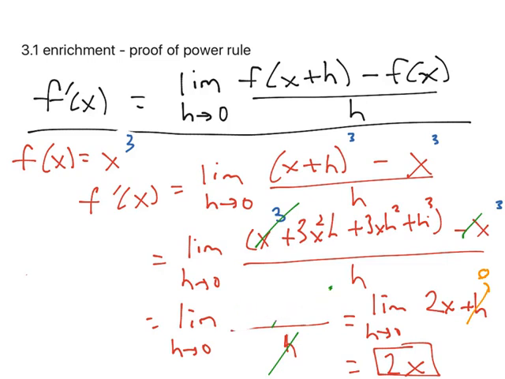Here's what we should notice. The entire term here, 3x squared h plus 3xh squared plus h cubed, we divide by h. Whatever we get, the only term that matters is the 3x squared h term. Why?